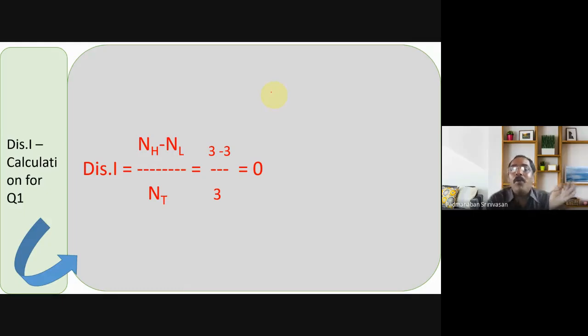Now we have to check whether the question distinguishes a performer from a non-performer. If a person really reads a lot, the question should tell that he is really reading.